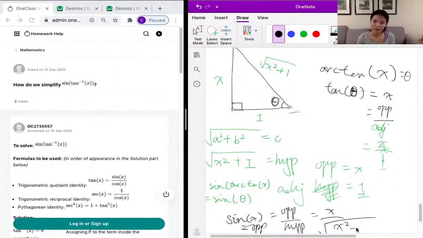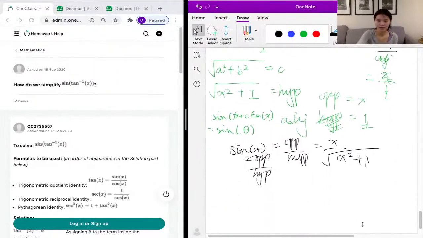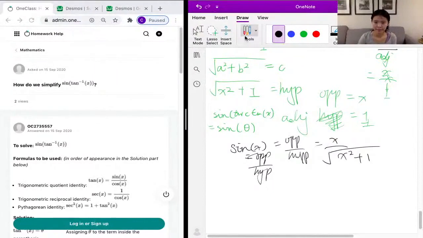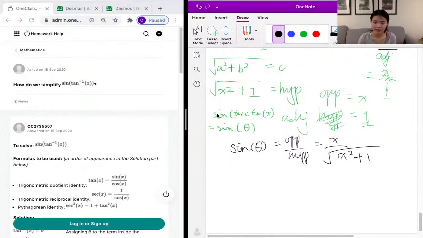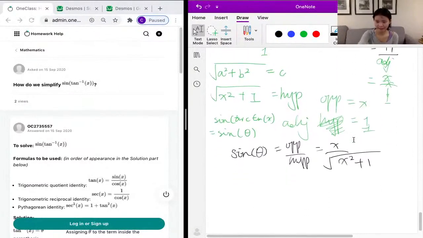So the sine of theta, or in other words the sine of the arctangent of x, is equal to x over the square root of x squared plus 1, and that's our final answer.